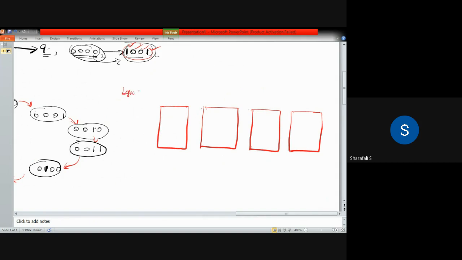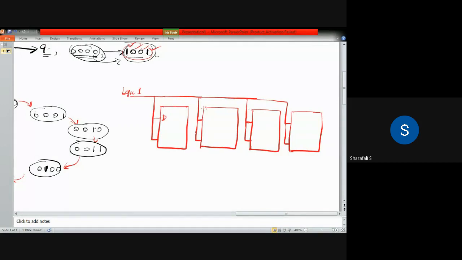Here we have this logic 1, and that logic 1 line is going like this. That has to be connected to all the JK inputs. Here also we are having this. You can consider JK flip flop or D flip flop.